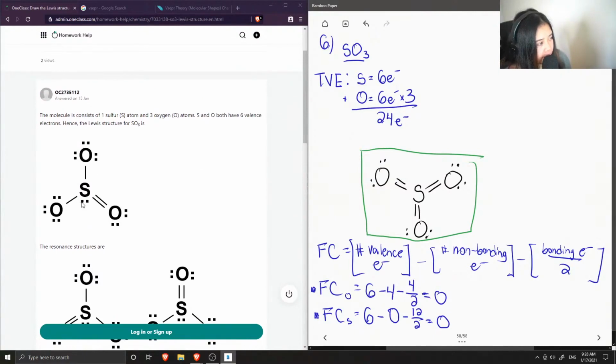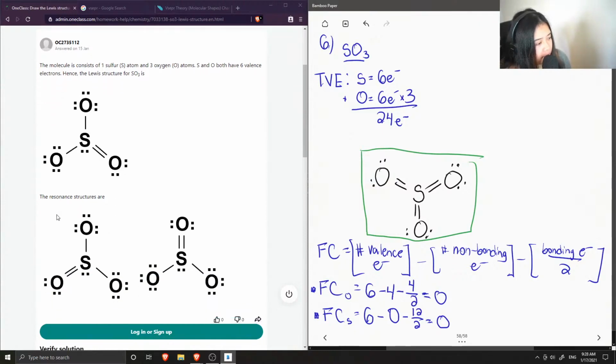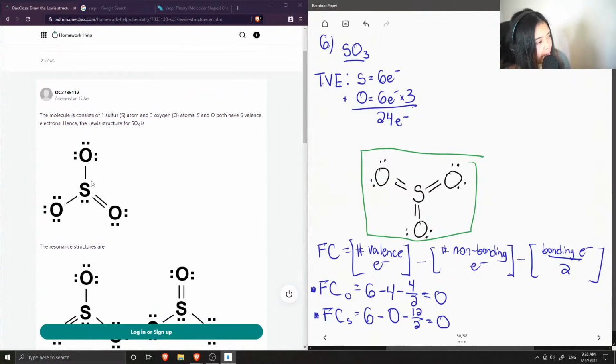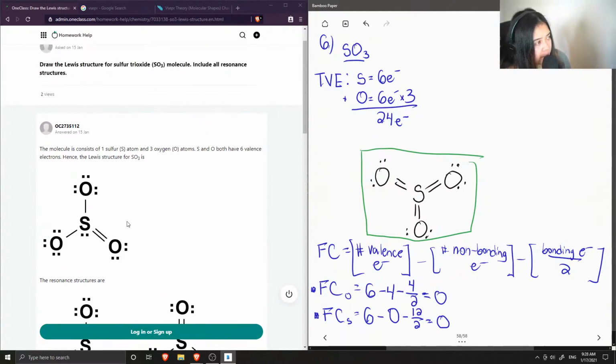So if you count out all of the electrons that the junior tutor said, let me double check. You end up with 26 when we should only be having 24 valence electrons.